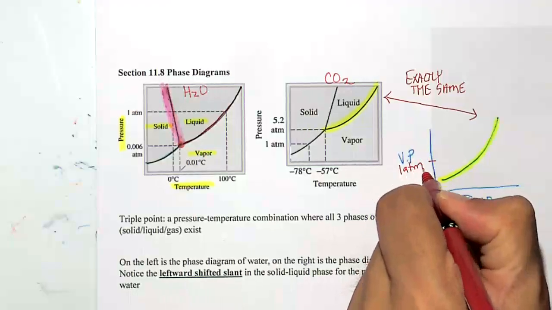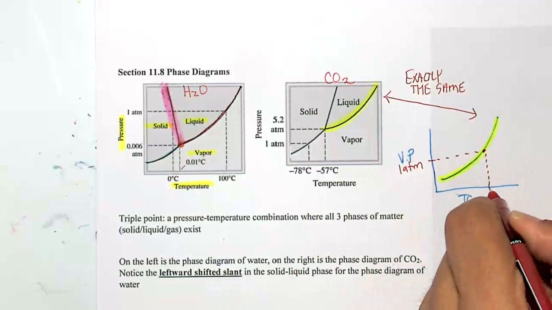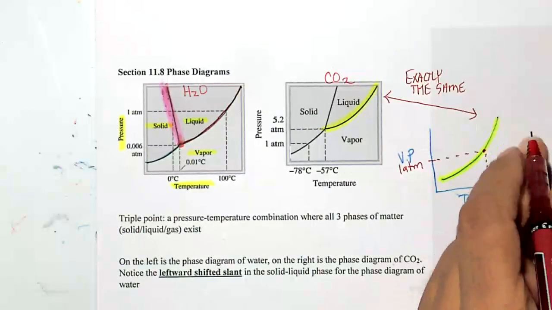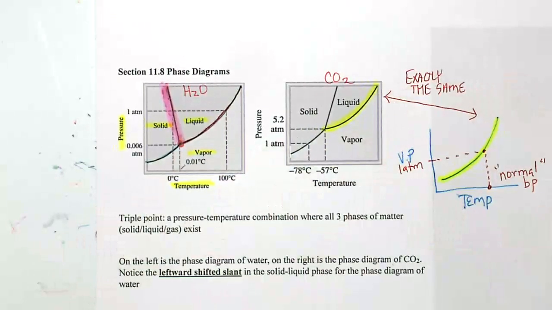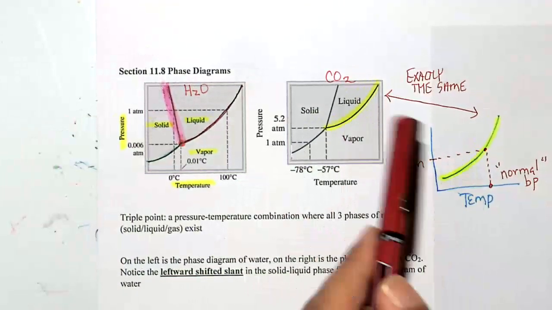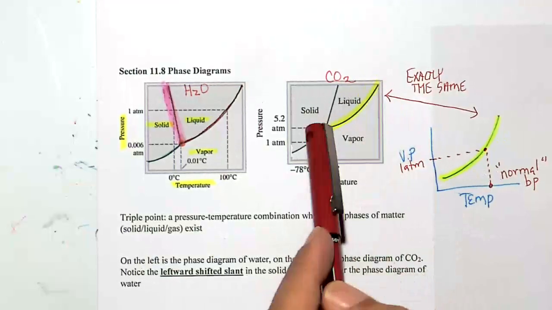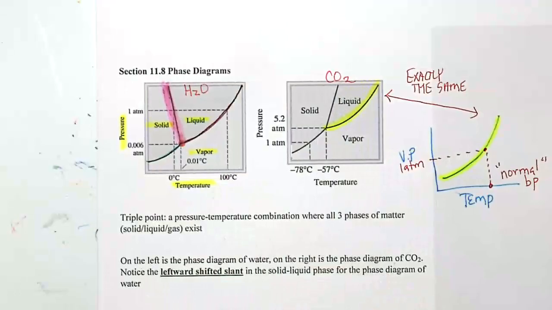If your vapor pressure is 1 atmosphere, that's called the normal boiling point temperature. Normal means 1 atmosphere. So those are the 2 things I want you to know about the phase diagram. One is this backward bend of the water, and the other is that the one graph we went over earlier in class is exactly the same as this part of the phase diagram, liquid and vapor.